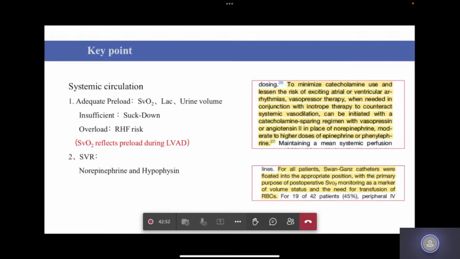Then the SVR is maintained by the vasoactive drugs. We use these two kinds of drugs to maintain the resistance during the surgery.